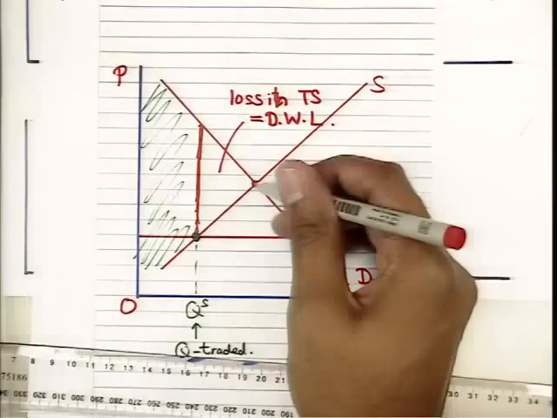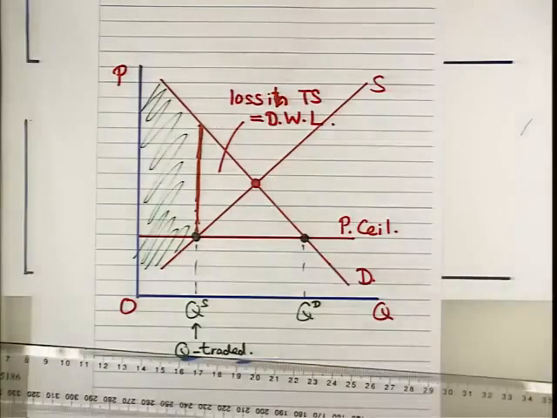That used to be surplus for consumers and producers, but the government has stepped in, imposed the price ceiling, interfered with the market, and created a deadweight loss. There's a loss in total surplus.